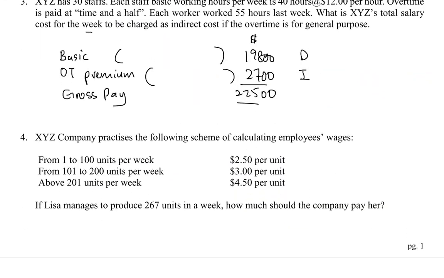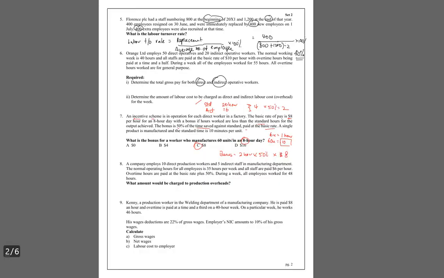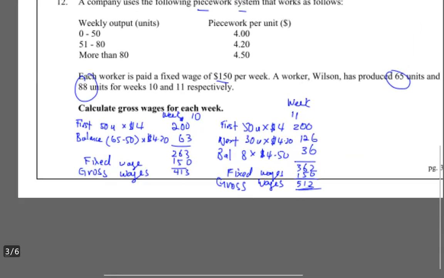Done. Shall we discuss together or you do yourself? Not sure. Okay. What's your answer? 851.5. 852. Okay.